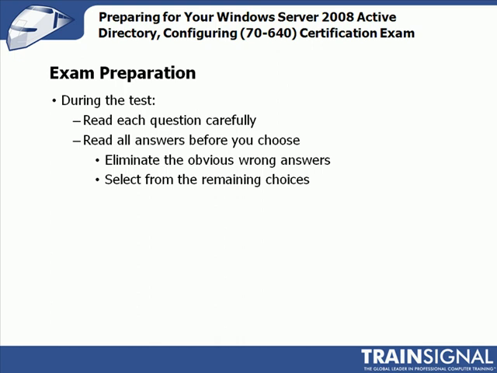Now, another thing I will tell you, and this is just standard test taking technique, when you look at the multiple choice answers, eliminate the obvious wrong answers first, and then make your selection from the remaining choices. You'd be surprised how many questions you might feel a little bit lost on.